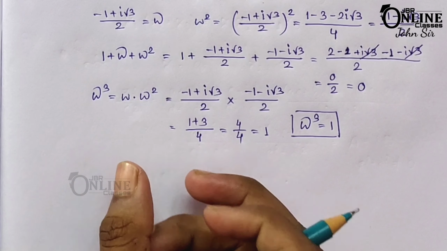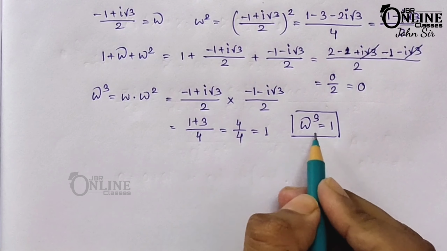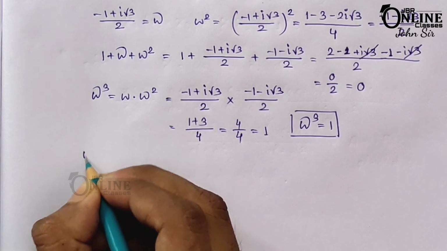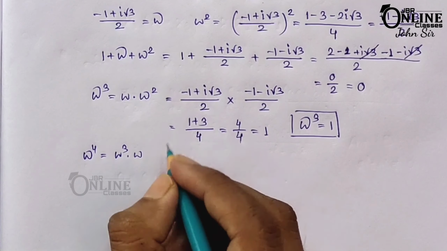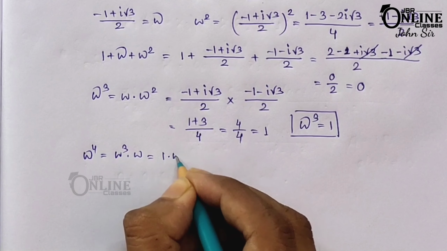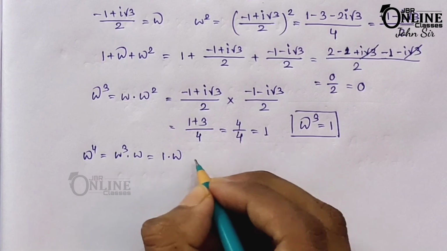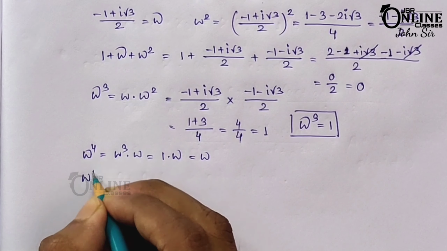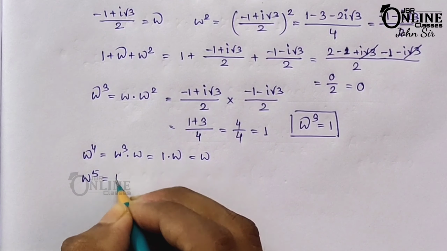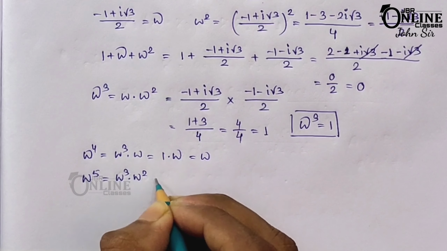So now let's discuss the powers of omega. As omega cube equals 1, omega to the power 4 equals omega cube into omega, and that equals 1 dot omega, that means omega to the power 4 equals omega. As well as omega to the power 5 equals omega cube into omega square.